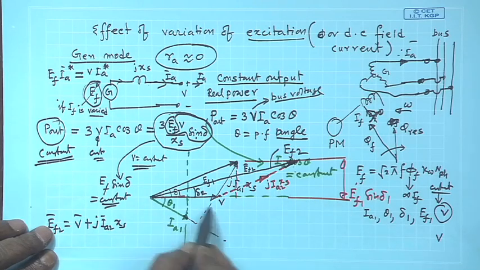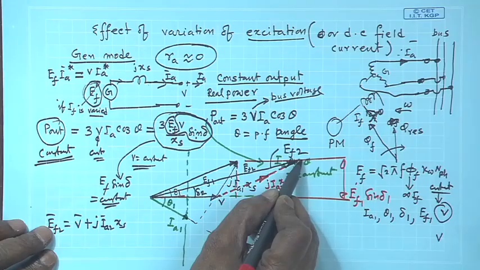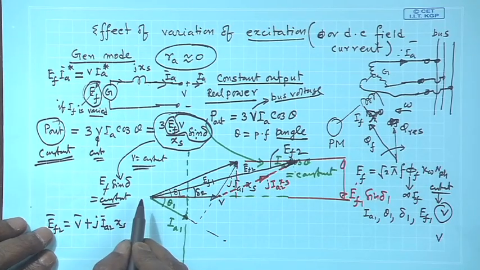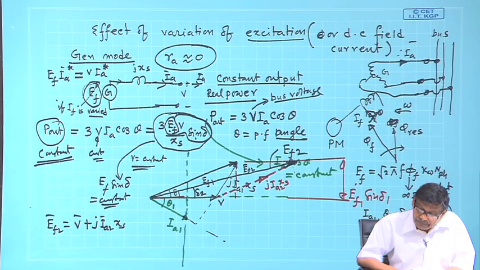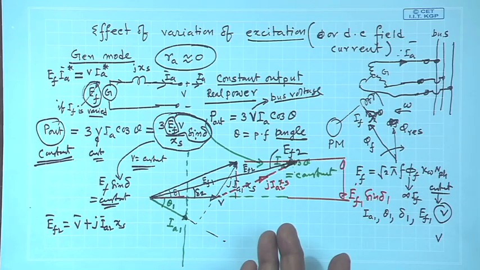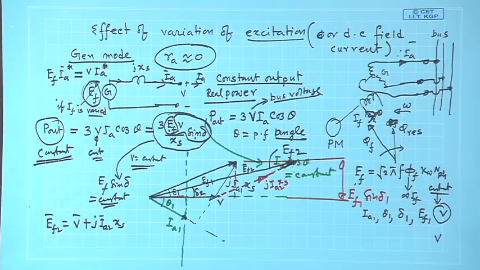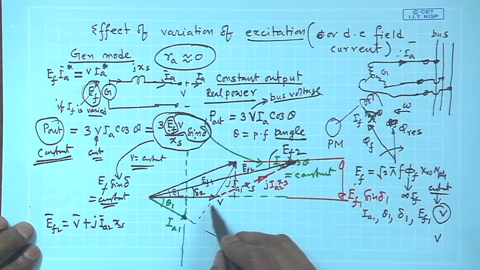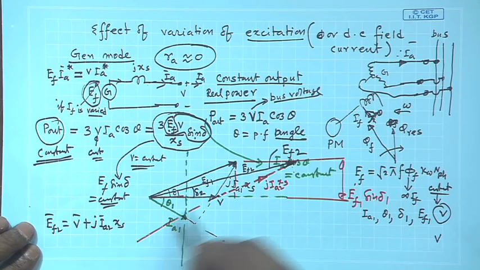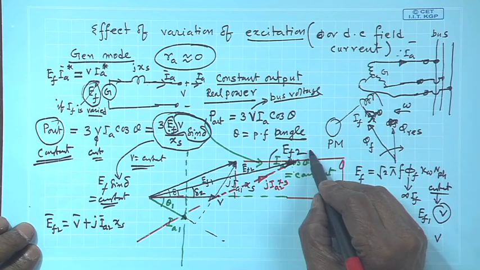It has to be V plus j I a 2 x s is your E f 2. X s is constant, j I a 2 x s I know. Therefore, I will be able to fix where is my I a 2, where it will be. This is j I a 2 x s.